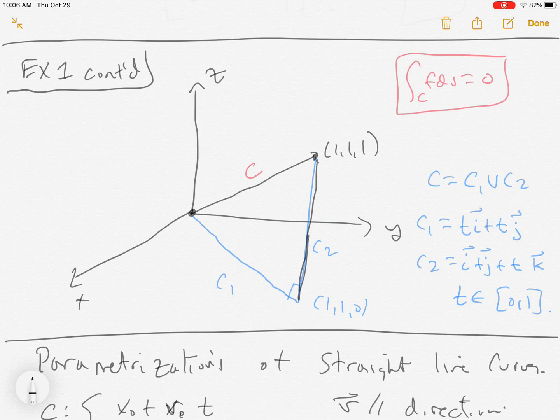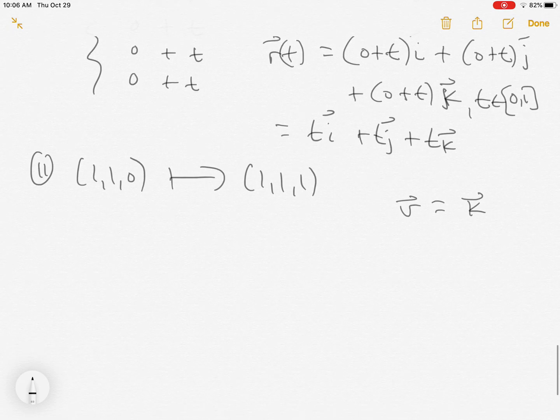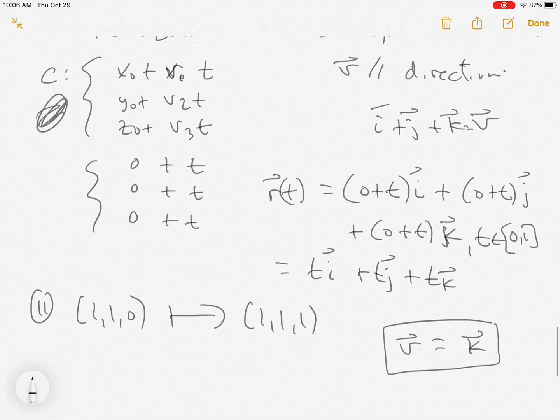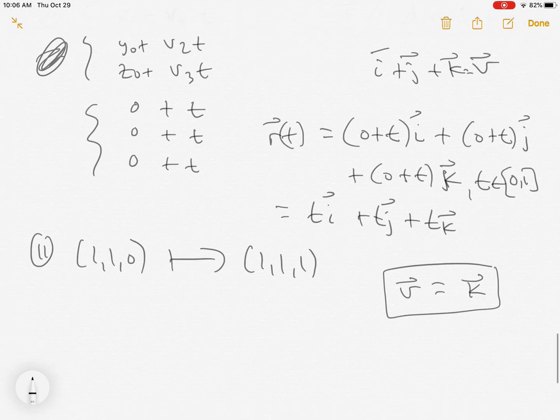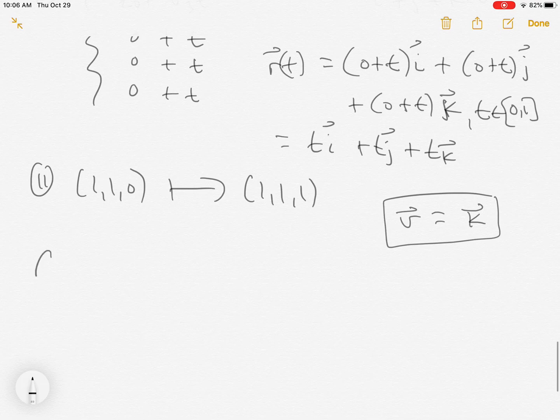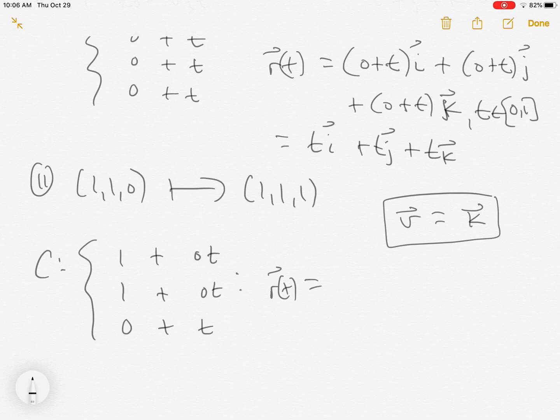So in this definition, the V is k. And here's the parameterization: it's 1, 1, 0 plus 0t plus 0t plus t. When you put that into the parameterization, you have i plus j plus tk, and t goes from 0 to 1.